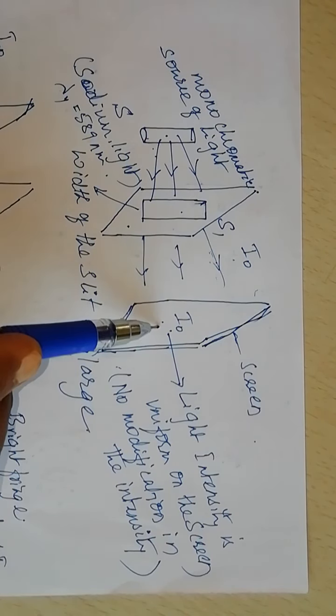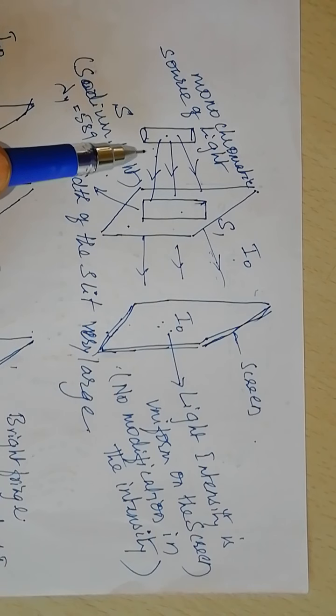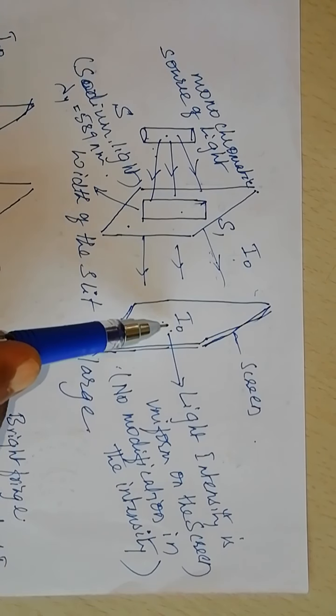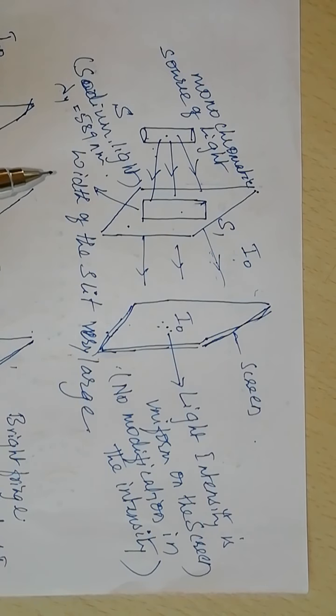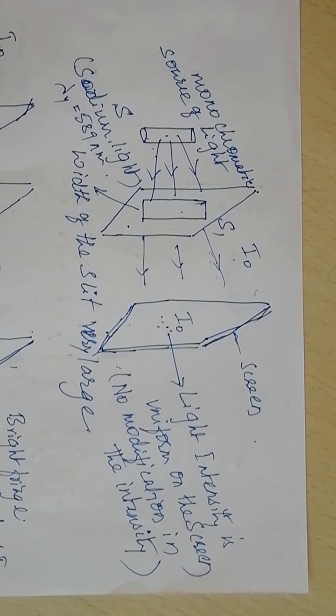The intensity is the algebraic sum of the intensities of the sources from which the light gets spread over the screen. If you go for 3 sources, 4 sources, then the intensity of light increases. It becomes 3 I naught, 4 I naught for 4 sources. So there is no modification in the intensity of light.